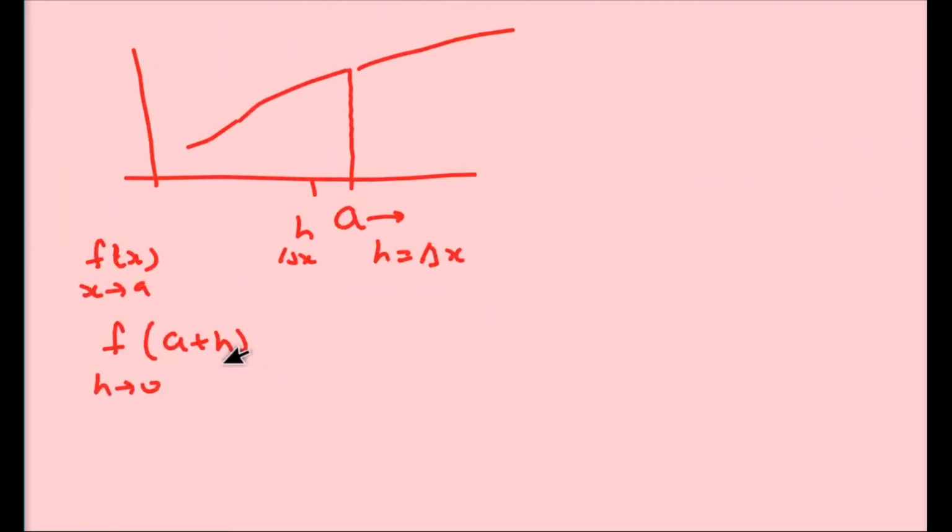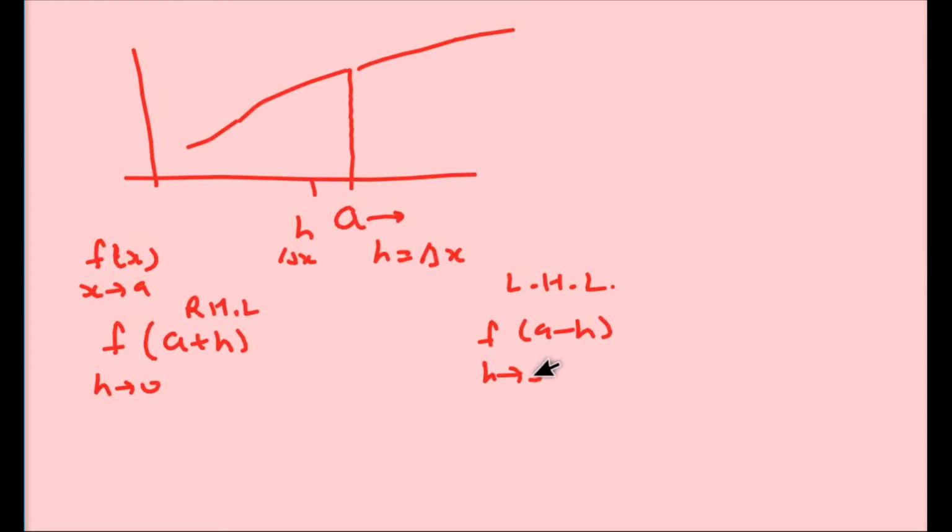It is the right side. Okay, if we find f(a minus h), h tends towards 0, it is the left side, so it is known as the left hand limit, and the other is known as the right hand limit. Now solving this, we can find the right hand limit and this left hand limit.